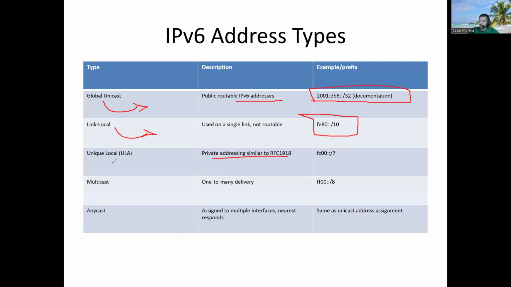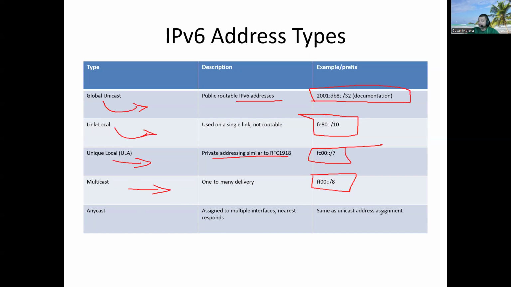Then we have the unique local, which is FC00::/7. And finally, the multicast, one-to-many delivery, FF00::/8. And anycast is assigned to multiple interfaces, nearest response.